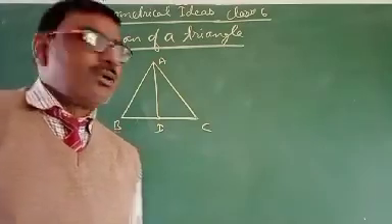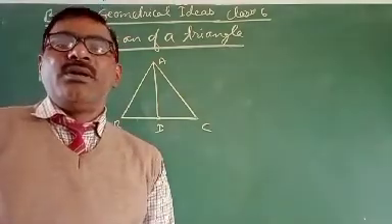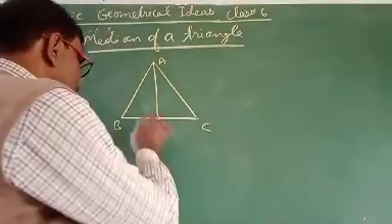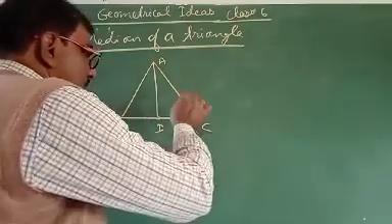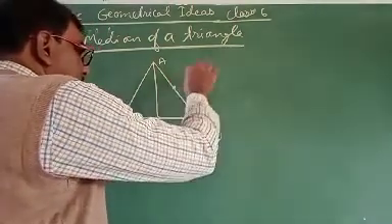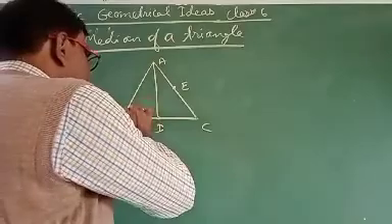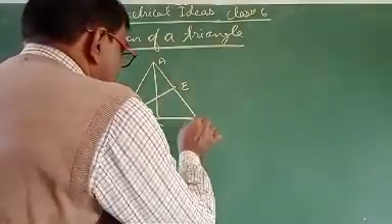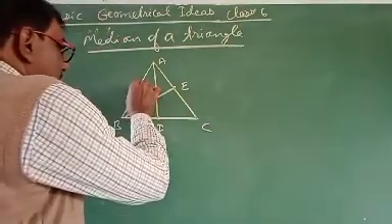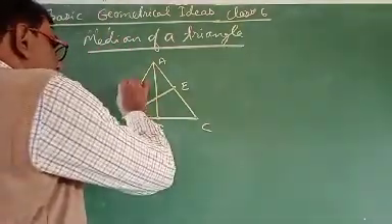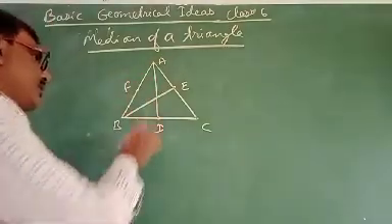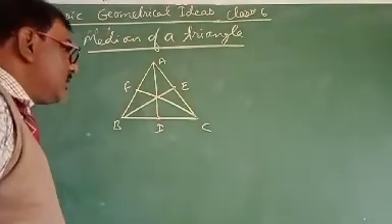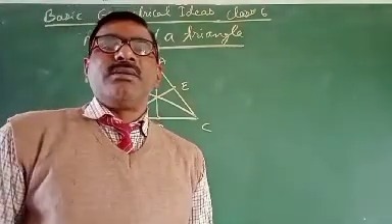We can also draw three medians. If we consider E the midpoint of AC and join B to E, then BE is also a median of the triangle. If you take a point F which is the midpoint of AB and join CF, then CF is also a median of the triangle.